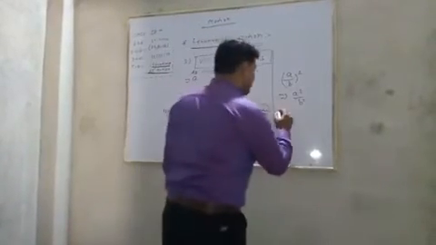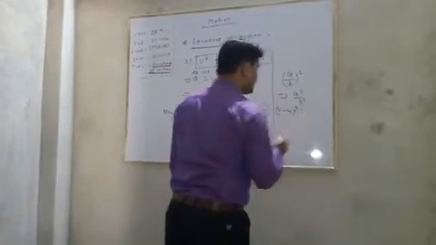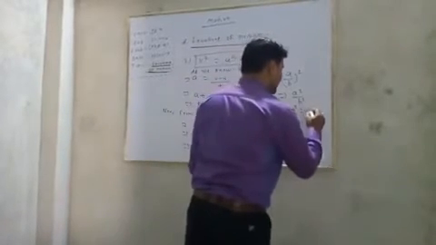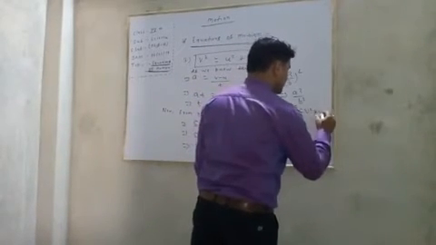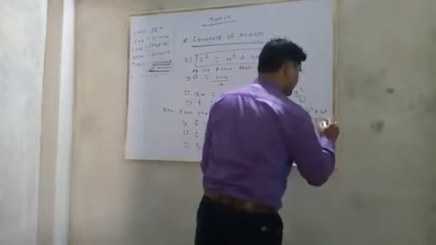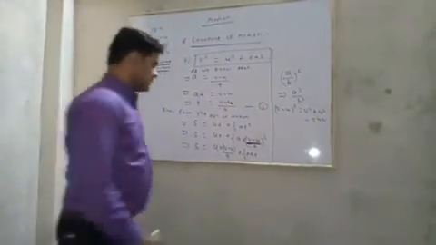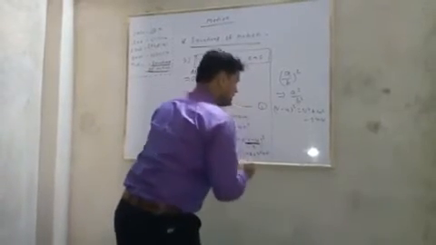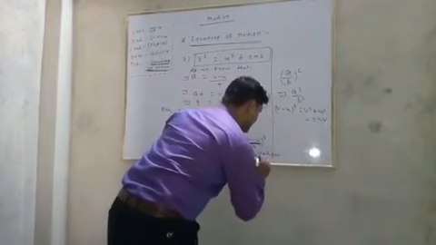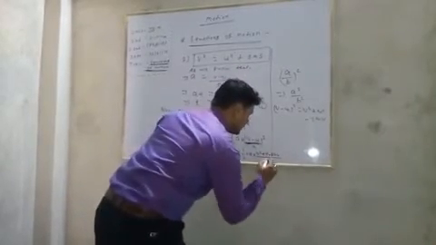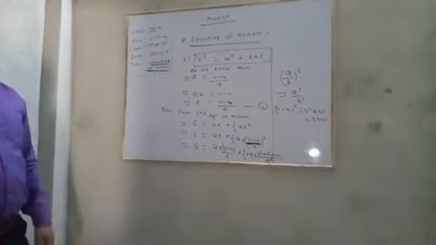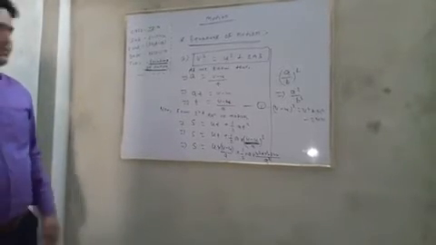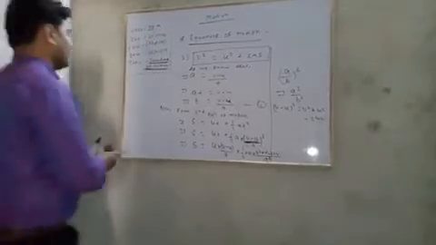Then (v minus u) whole square is equal to what? (a minus b) whole square, then v square plus u square minus 2uv, over a square. Is it clear? I can erase it. Have you written? So we will proceed further.